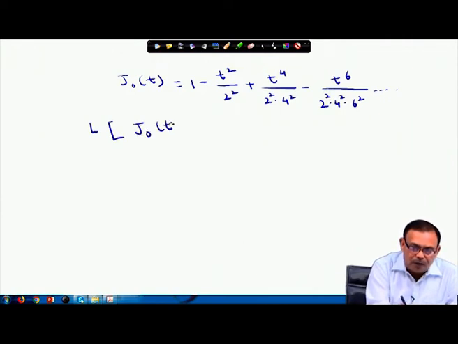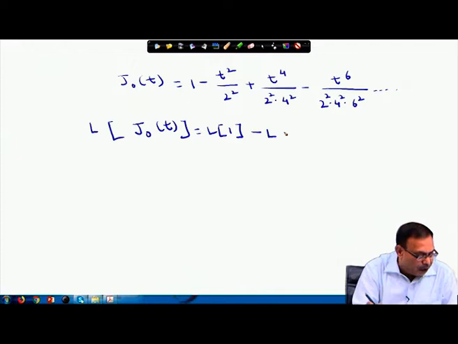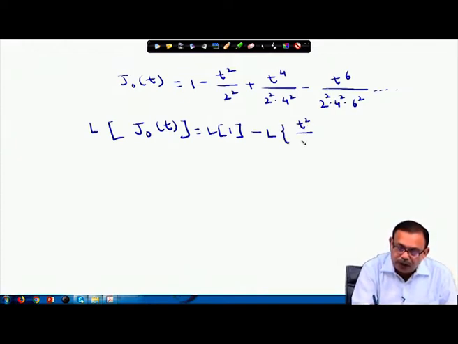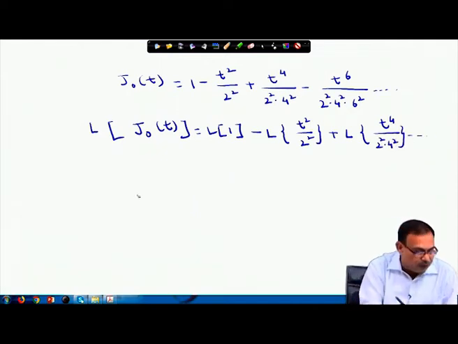Laplace transform of J0(t): using the linearity property I can write this as the Laplace transform of 1, minus the Laplace transform of t squared by 2 squared, plus the Laplace transform of t to the power 4 by 2 squared into 4 squared, and it will continue like this. I know the Laplace transform of each of them.